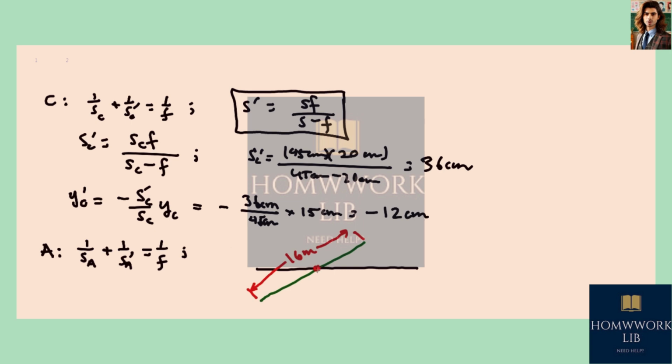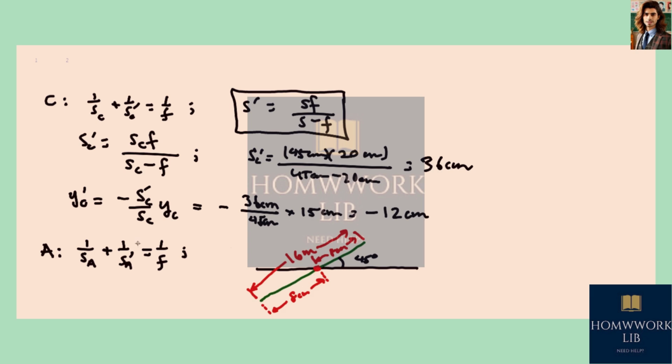And this is my point C, which is the midway point. So this is 8 centimeters from here to here, and also from here to here is 8 centimeters. Okay, cool. And this angle is 45 degrees.